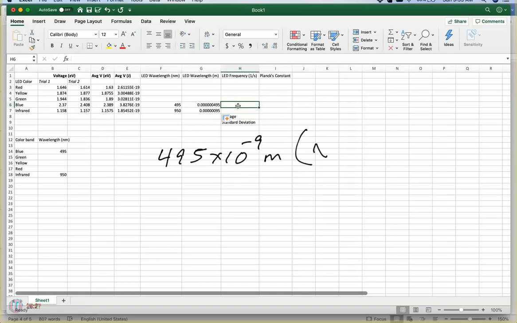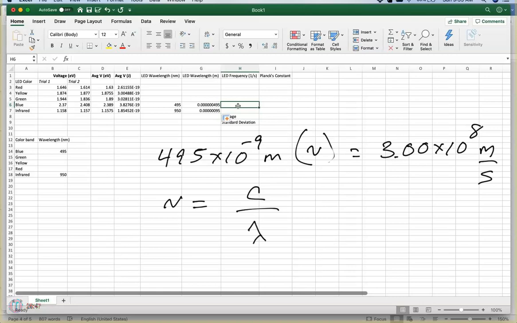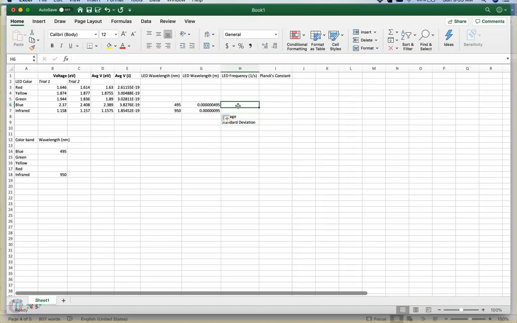I need to multiply it by a frequency. That will get me to 3.00 times 10 to the 8th meters per second. So if I do the math out, it's going to be nu equals, and I'm just going to do the symbols because it's easier to see, c over lambda. So I can now dump that in. I know this number, that's right there. Lambda is right there. So that's going to be our next step. Divide the speed of light by my wavelength. So how do I do that?